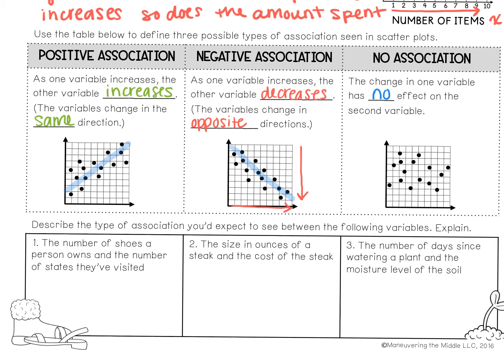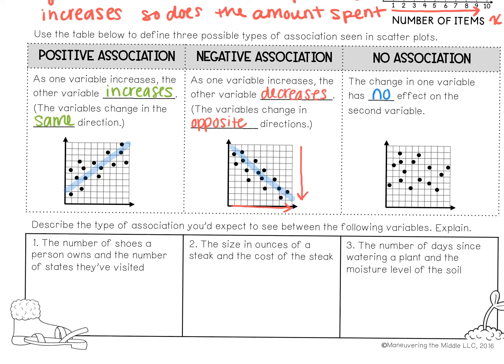Now let's look at some examples of real-world associations. So the number of shoes a person owns and the number of states they've visited. So we have to think if the number of shoes I own affects how many states I've traveled to. Those don't really have anything to do with each other.